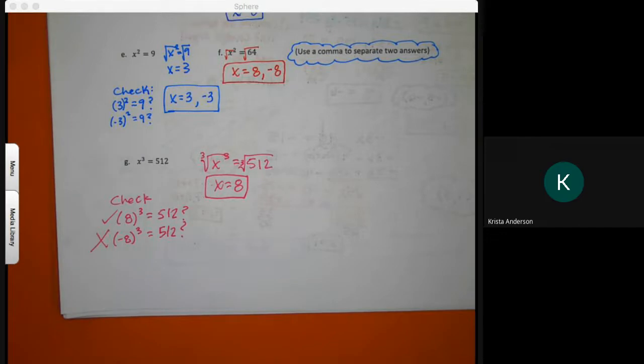What other number would make it so I only have a positive? 5. Good. That would only have one answer. What's another root that would only have one? 7. 9. Any odd number.